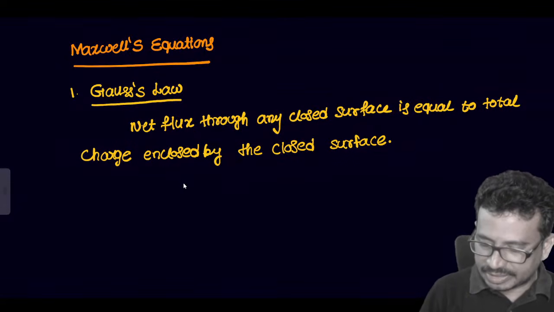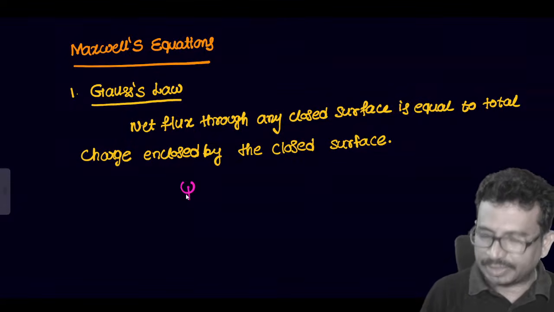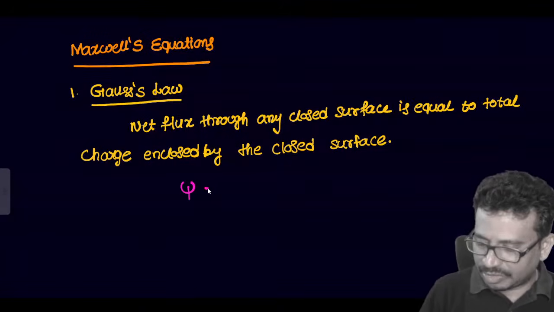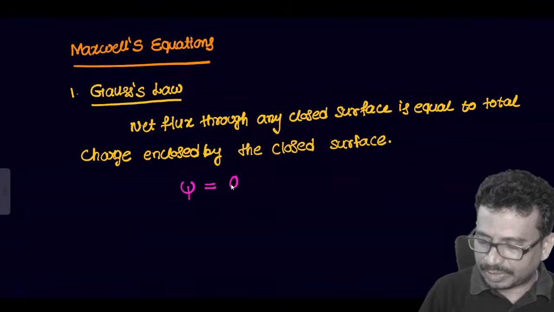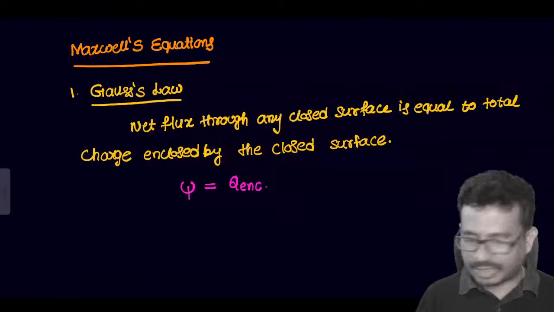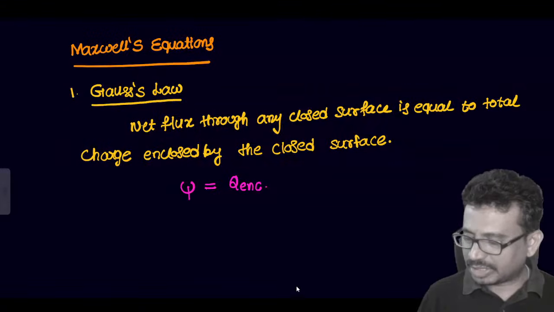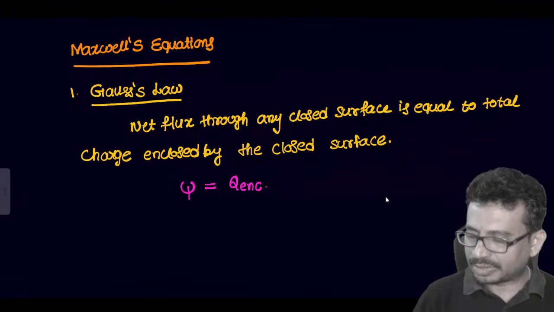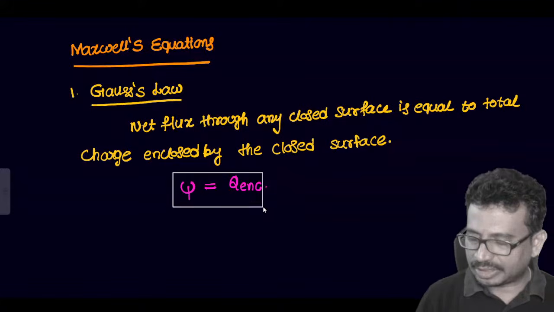The net flux, the electric flux, which we denote as psi, is equal to the total charge enclosed by the closed surface. This is Gauss law.